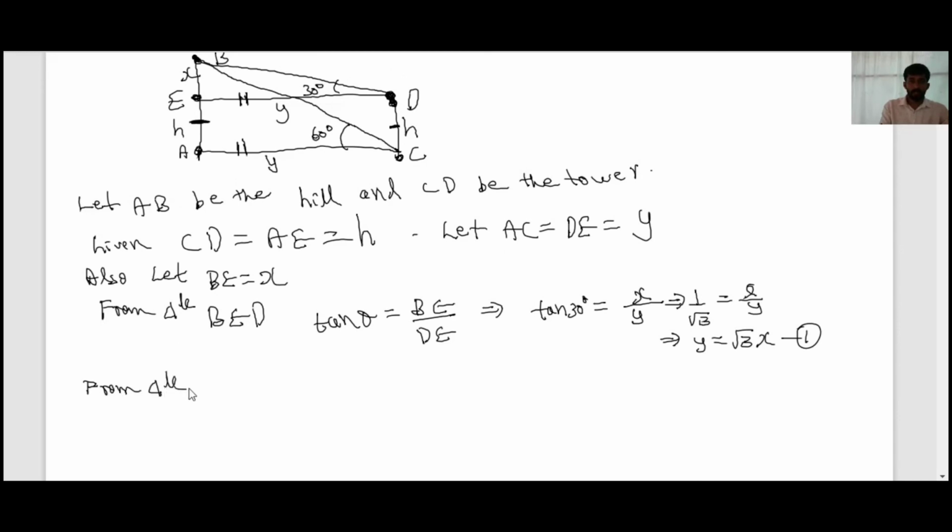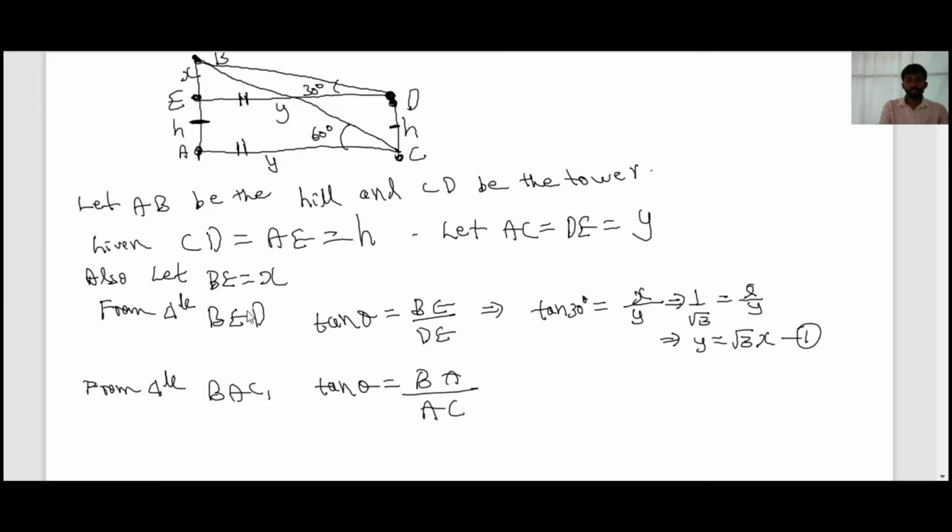Now consider the big triangle, the second triangle you can see there, that is BAC. Again use tan theta. Tan theta is equal to BA divided by AC. Why am I using tan theta? Because only the adjacent as well as opposite values are known. Tan theta is equal to opposite by adjacent, and no hypotenuse value is given.